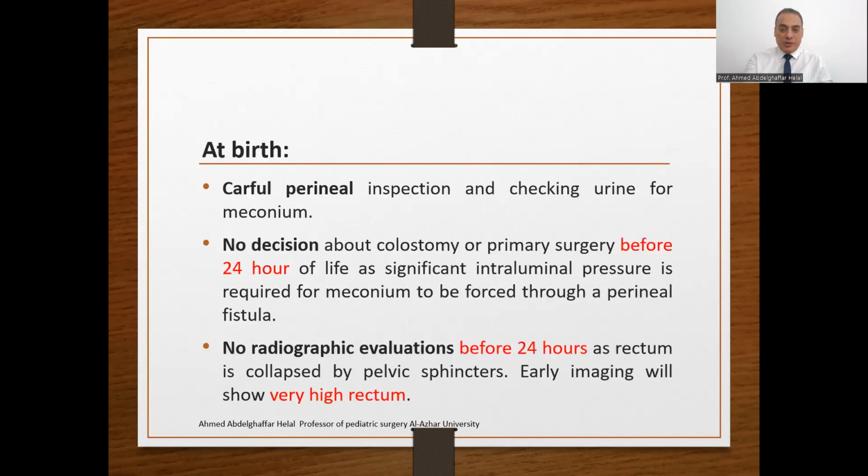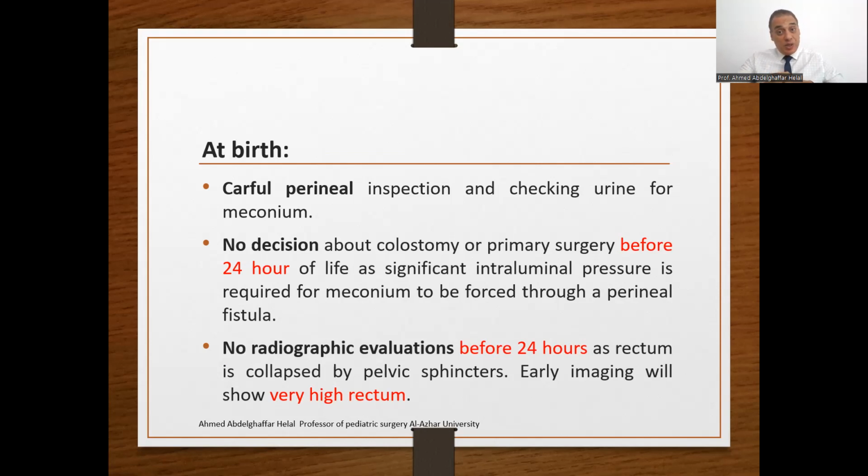At birth, number 1, careful perineal inspection is very important, and also checking the urine for meconium. Number 2, no decision to perform colostomy or primary surgery before 24 hours of life, as significant intraluminal pressure is required for the meconium to be forced through the perineal fistula.